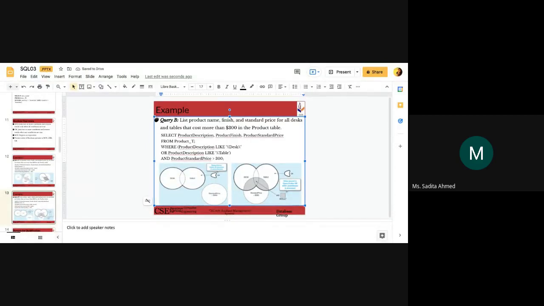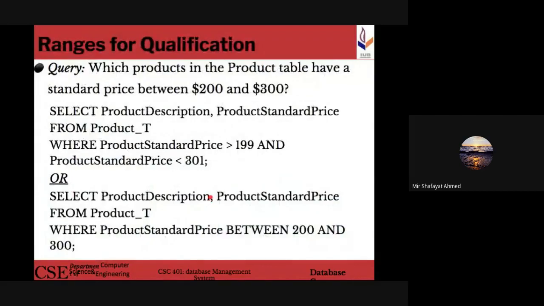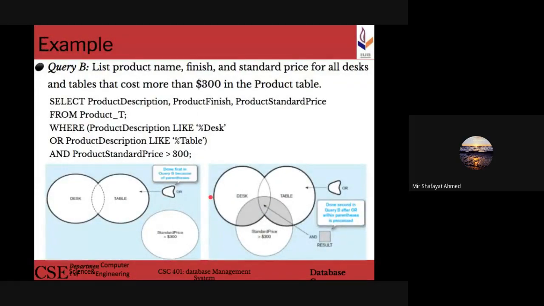So that's how like works. Ma'am, if the percentage sign is on both sides, there can be empty as well, right? Like there can be nothing before desk. Will that also be true? Yeah. As long as it's there. Okay.